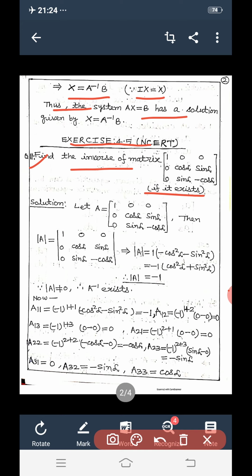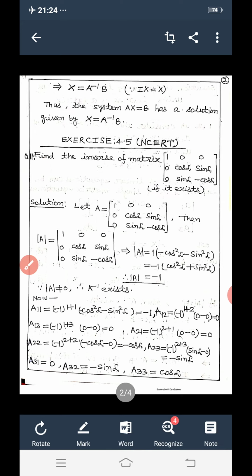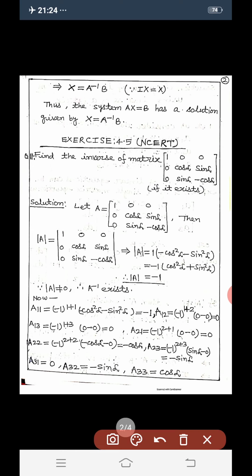Now let matrix A equal to [1 0 0; 0 cos alpha sin alpha; 0 sin alpha minus cos alpha]. Then determinant of A equal to the determinant of the same matrix.